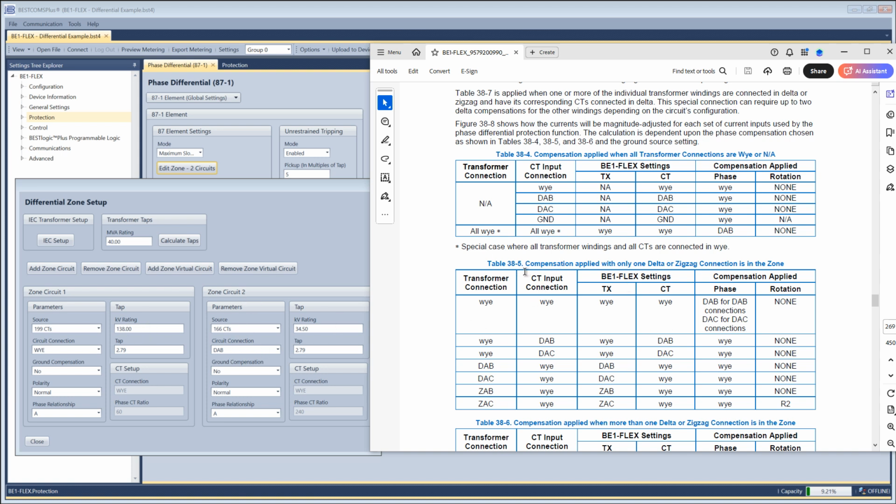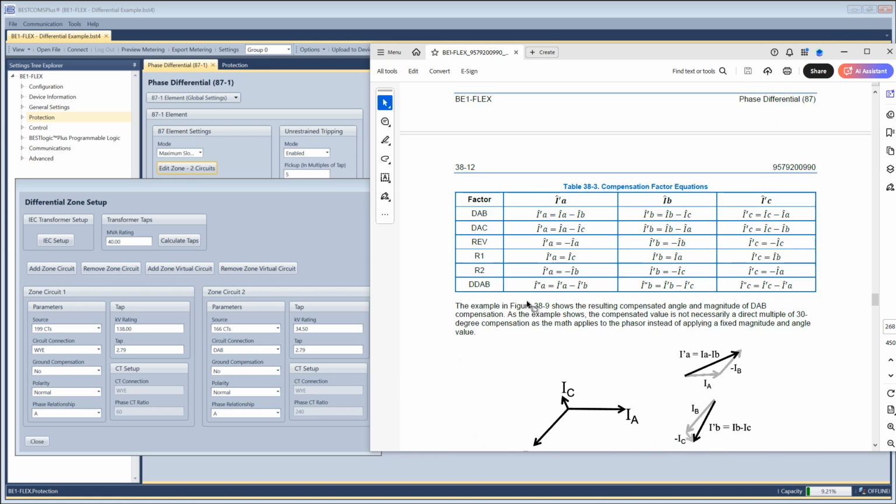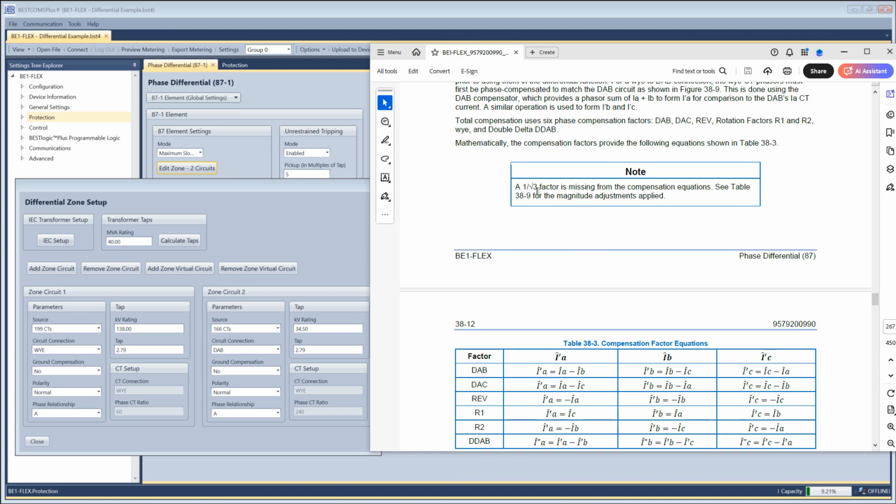This table, again, 38-5 in the instruction manual, does talk through all sorts of different combinations, but in our particular example, we're going to apply delta compensation to the Y side, so the 199 side, and also we need to put in the square root of 3 factor.